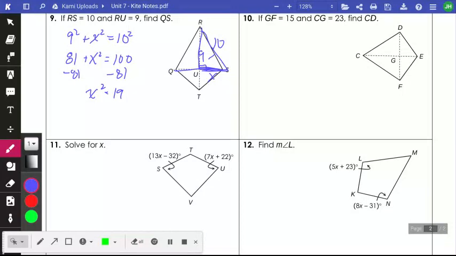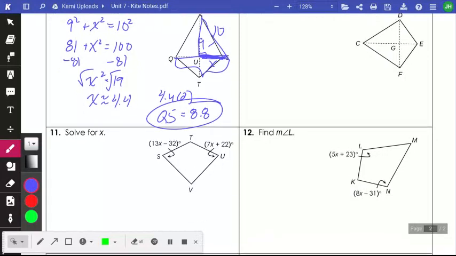And then I will square root both sides. And I'll get X is approximately 4.4. And then remember, though, that that's only this part. And we were asked for this entire QS. So I will do 4.4 times 2 so that QS is equal to 8.8.